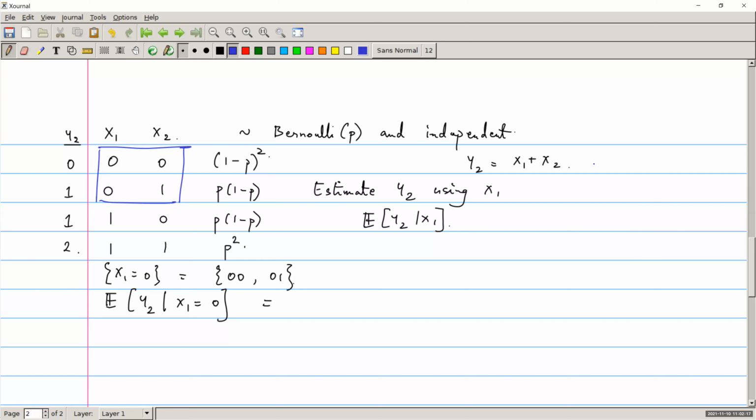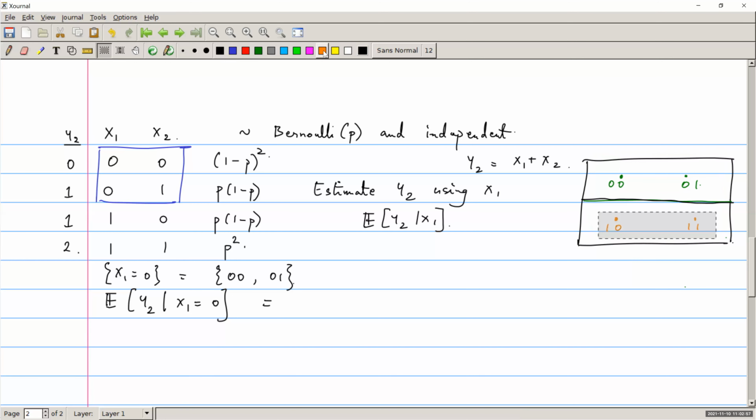If I also draw it visually, there are 4 points in this universe: (0,0), (0,1), (1,0) and (1,1).